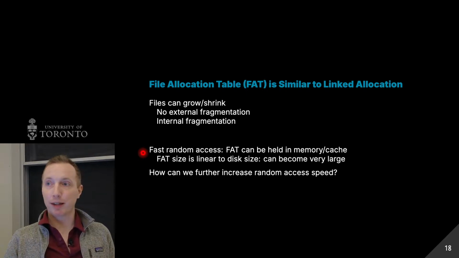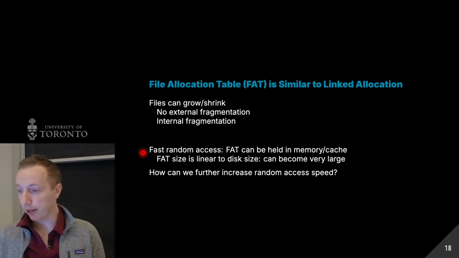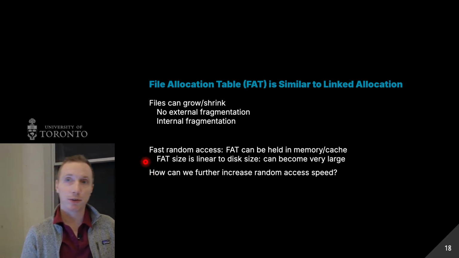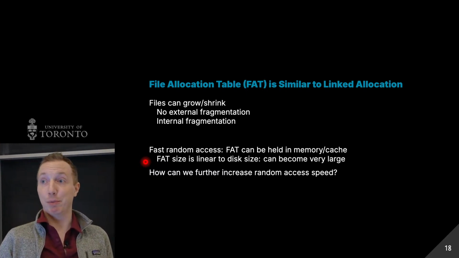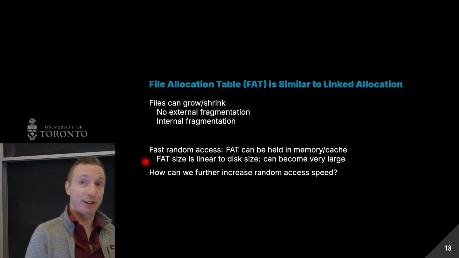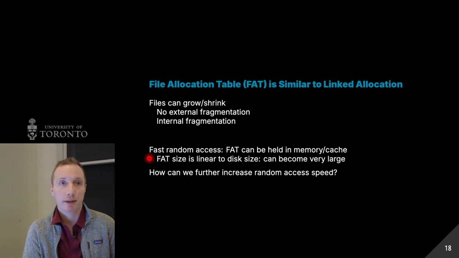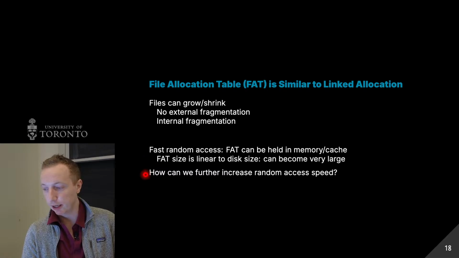The more blocks I have, the more I need a pointer for each individual block, whether or not I use it. It can become very, very large, which is why it's only really used for your boot drive and not Windows itself. Windows definitely does not use something like this, but your boot drive uses it because it's nice and simple, and if you're not storing that much data, it's good enough.